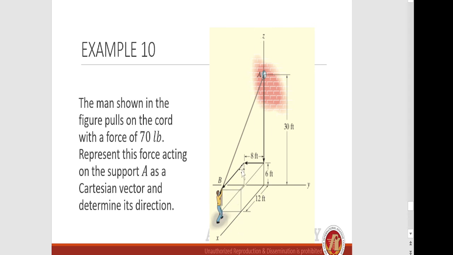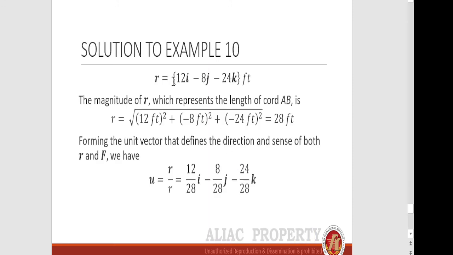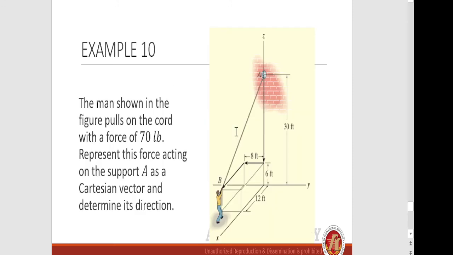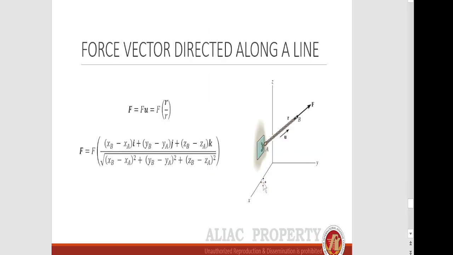Here r is 12, because from the x-axis the person is 12 meters away, along the y-axis 8 meters, and along the z-axis 6 feet.